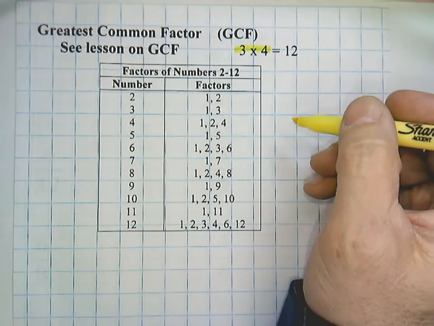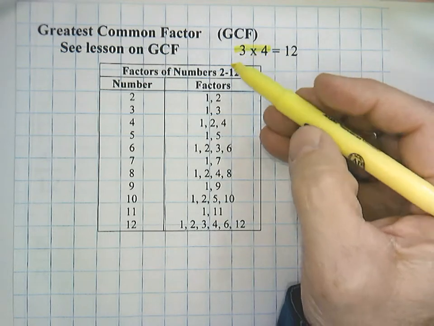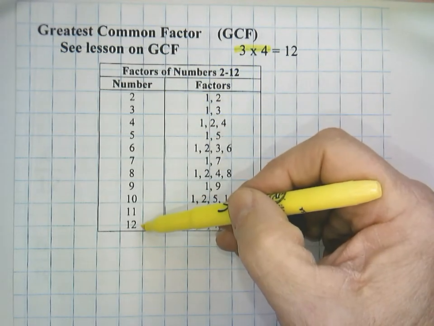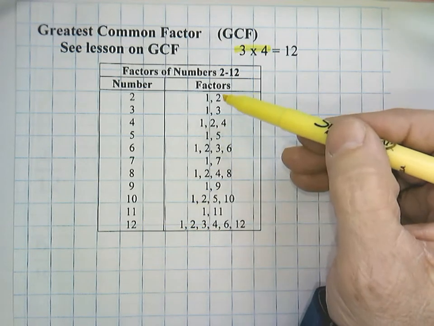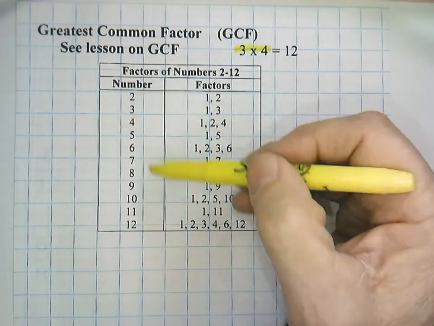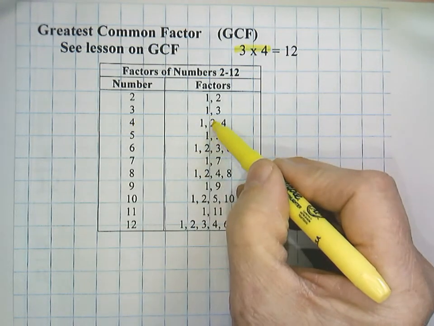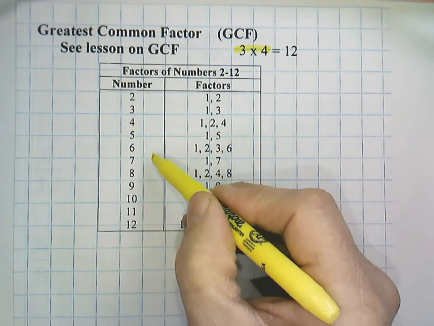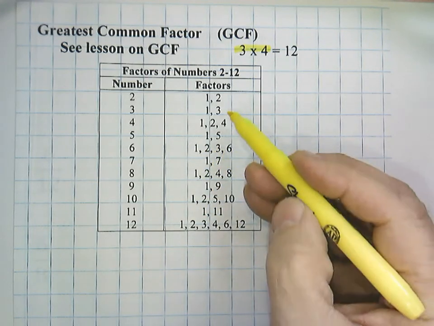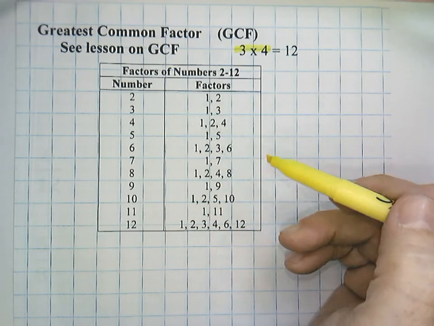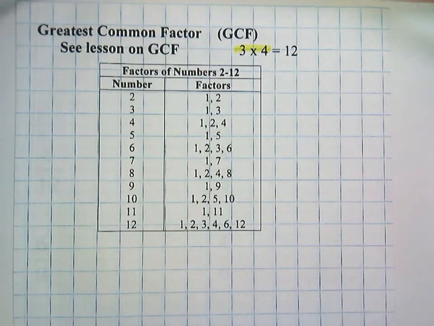And in 4th grade, which is who this lesson is targeted for, most of the time you need to master up to denominators on fractions of 12. So these are the factors for numbers 2 through 12. For example, factors of 4 would be 1, 2, and 4. Factors of 6 would be 1, 2, 3, and 6, and so forth. So these are your factors, and it would be a good idea to be familiar with and to be able to memorize those factors. That will help you simplify.